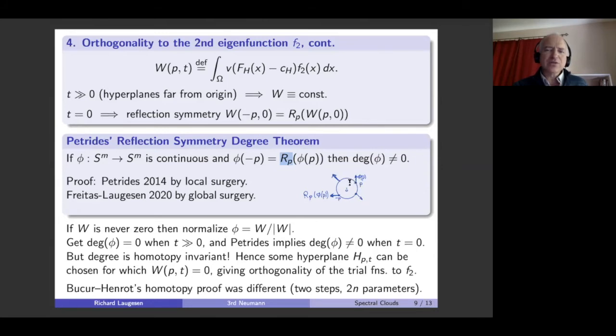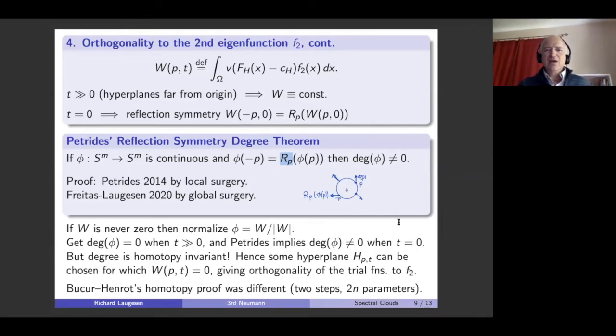And wherever 5P is pointing inward, you want to reflect it and pop it so that it points outward. And you can do that, of course, because the interface between the 2 regions would be where 5P is tangential, and at those points you're not affecting the map at all. So this is a continuous surgery that we're doing. Anyway, we won't go into the details of that proof, but we will use the result.